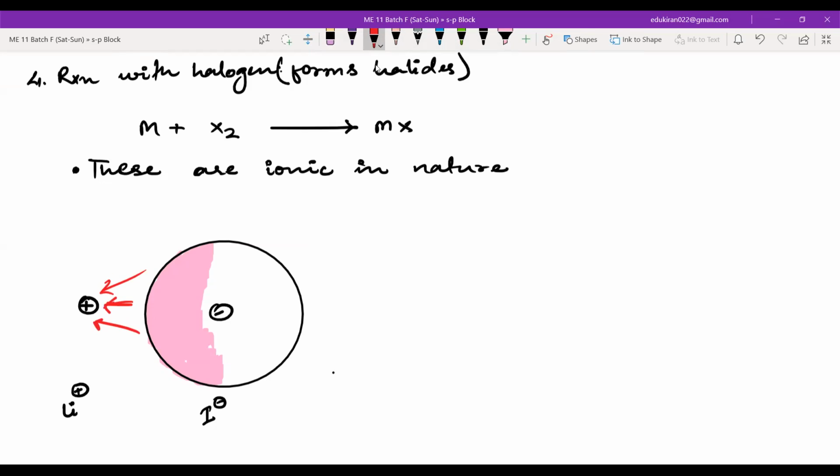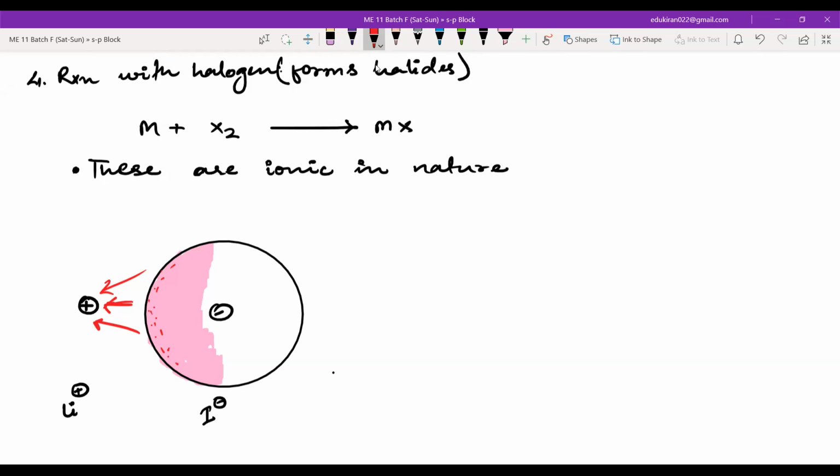Now, what is going to happen? The electrons outside the iodine are not very influenced by its nucleus. There are protons in iodine also; even though it is negatively charged, it does not mean the protons have decreased. The extra electron that iodine has got is also attracted by the protons, but that attraction will not be very effective because of the distance.